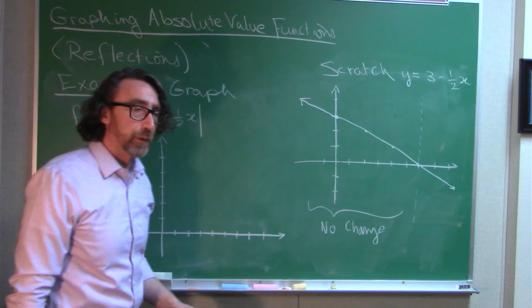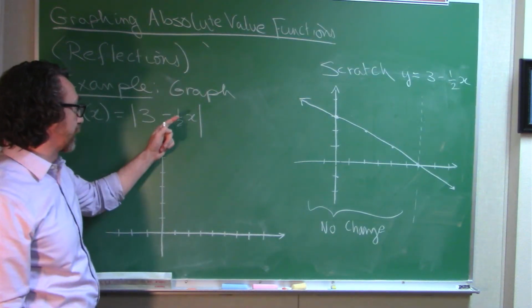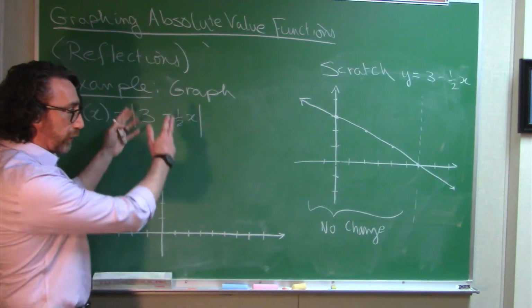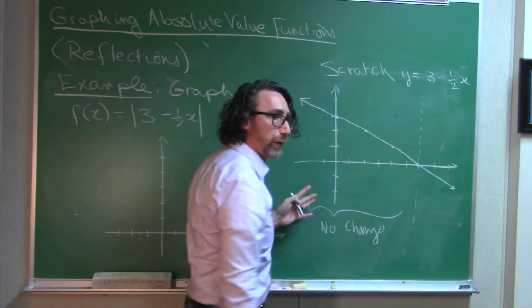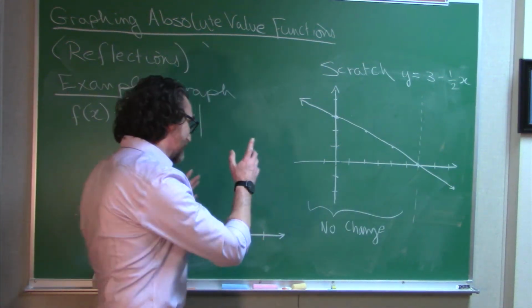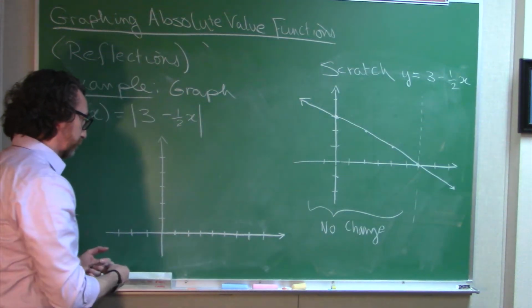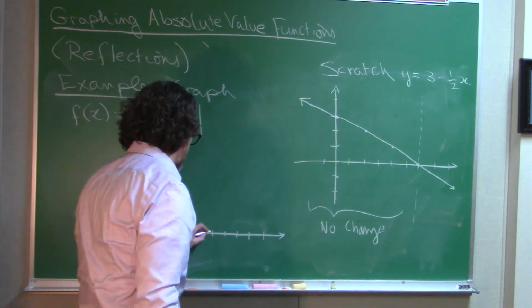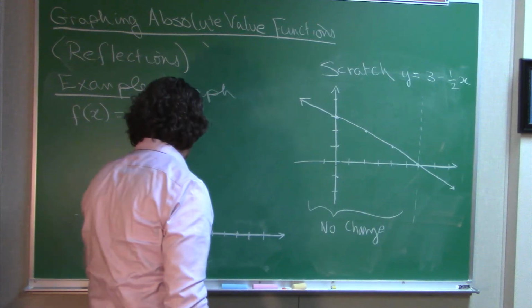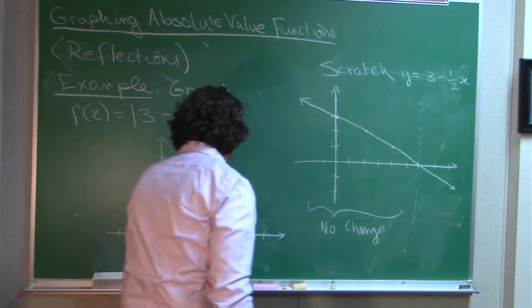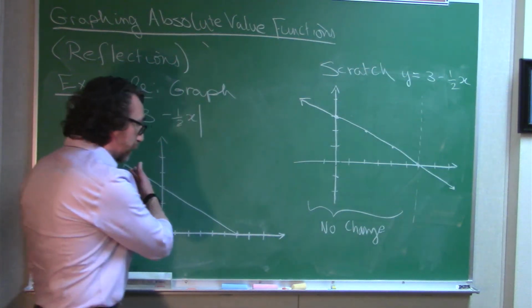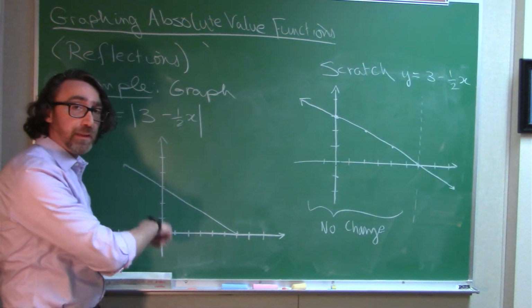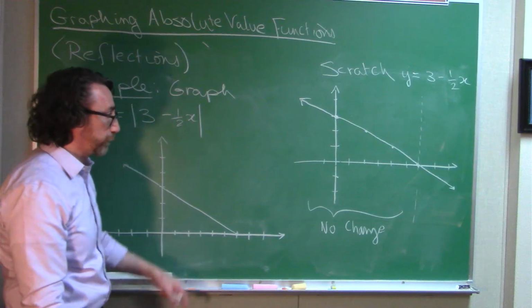If I'm graphing 3 minus 1/2 x in absolute value, this portion of the graph is going to look exactly the same as I have right here. So this is going to be a line with y-intercept 3 and slope -1/2.